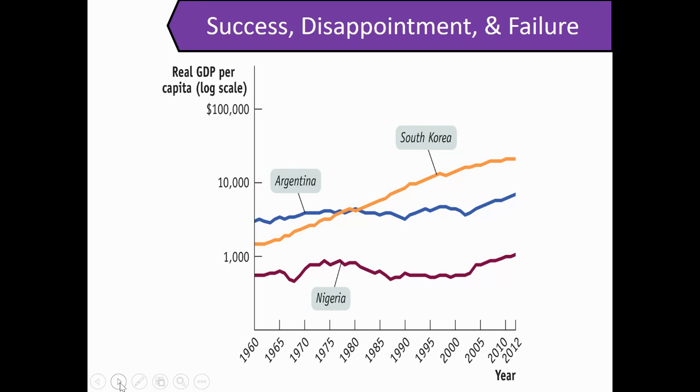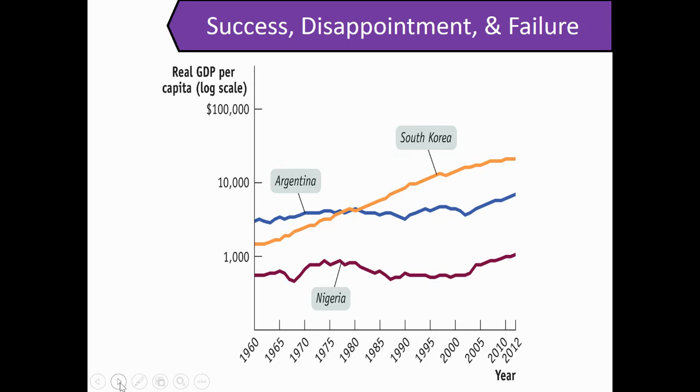here we see some things that we're going to talk about: why growth rates vary in different regions. Okay, and we see them varying here. The real GDP per capita from 1960 to 2000 or 2012, in 2005 dollars, is shown here. We see Argentina, South Korea, and Nigeria.